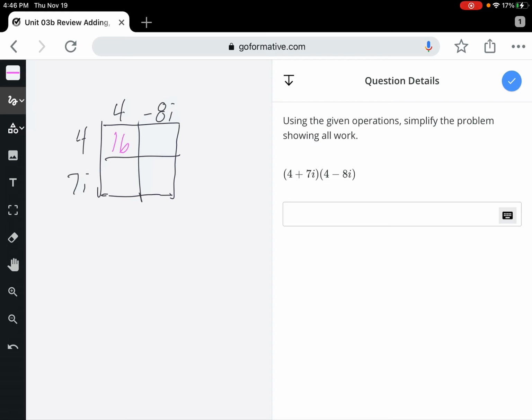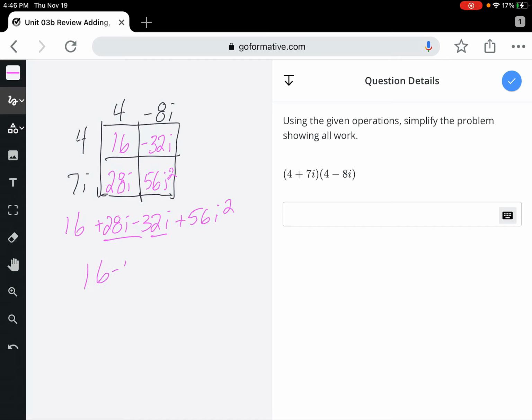So I go through and multiply. 4 times 4 is 16, 4 times negative 8 is negative 32i, 4 times 7 is positive 28i, 7 times 8 is 56i squared. So I have 16 plus 28i minus 32i plus 56i squared.